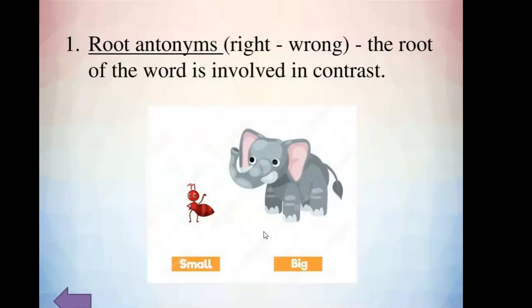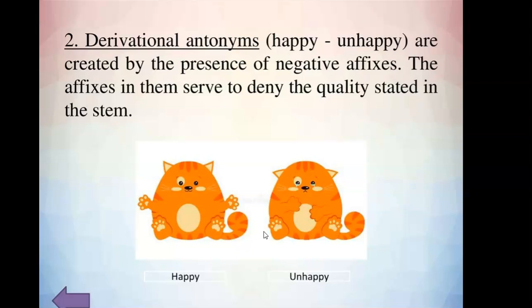Root antonyms, right and wrong. The root of the word is involved in the contrast: small, big. Derivational antonyms, happy, unhappy, for example, are created by the presence of negative affixes. The affixes in them serve to deny the quality stated in the stem.